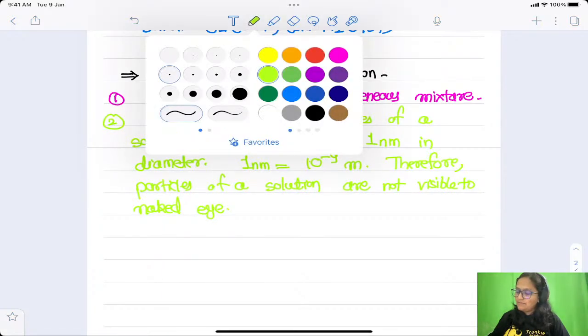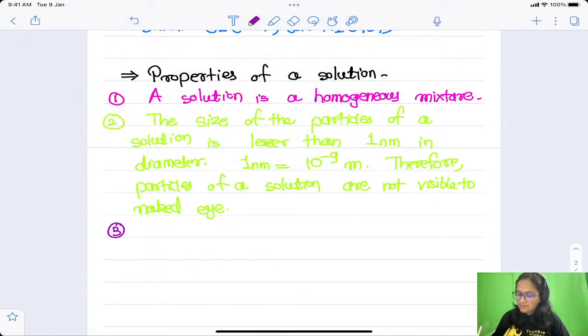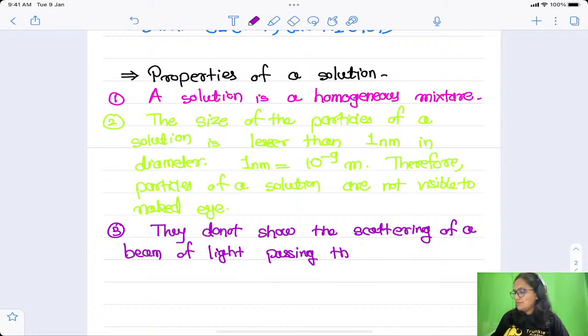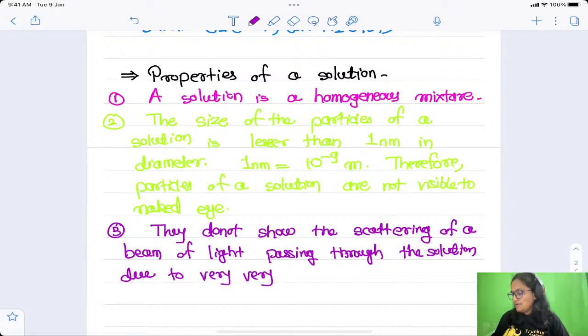The next property: the particles do not show the scattering of a beam of light passing through the solution due to very small particle size.